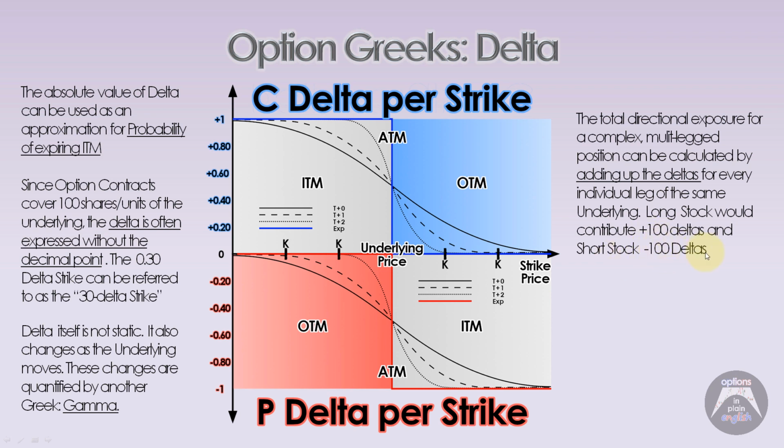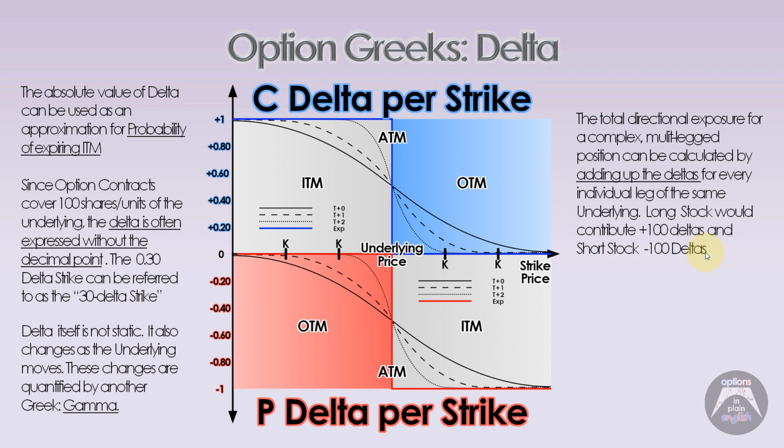So for example, let's say you have a portfolio and you have 100 shares of the underlying, and you also have one at the money call of the same underlying, then your total risk or the total sensitivity that you have to the change in the underlying price is the 100 deltas from the long stock and the 50 deltas from the long call.